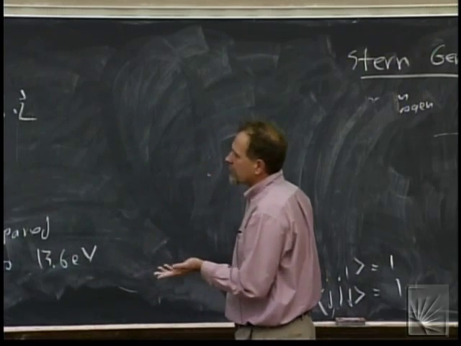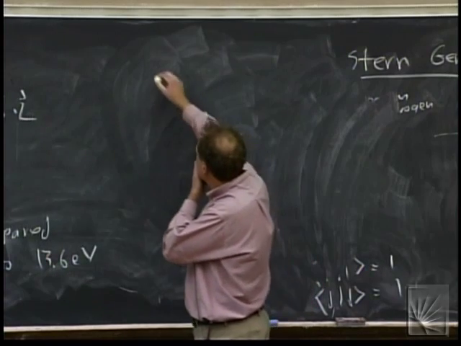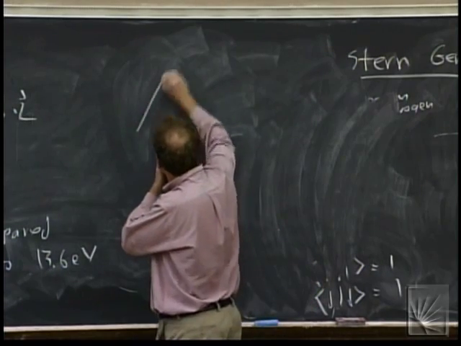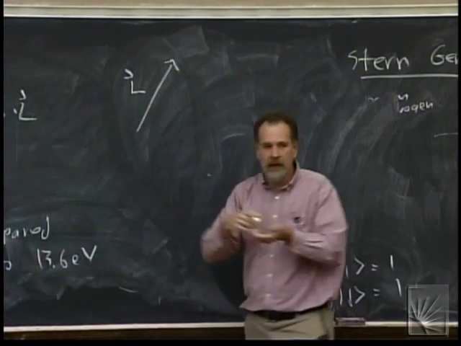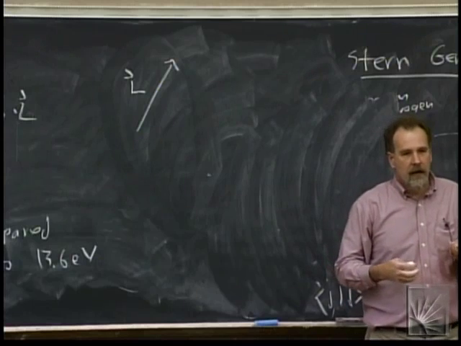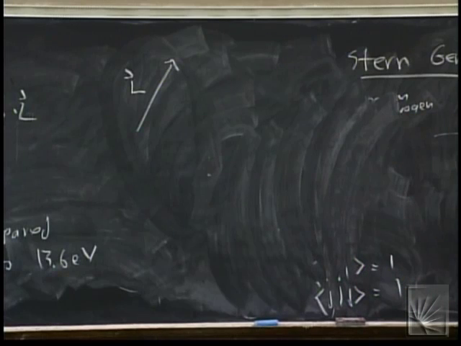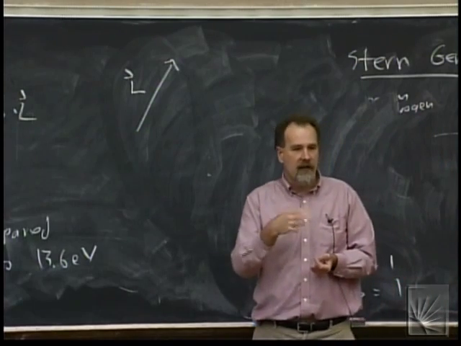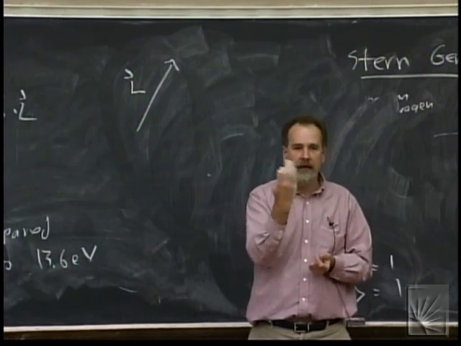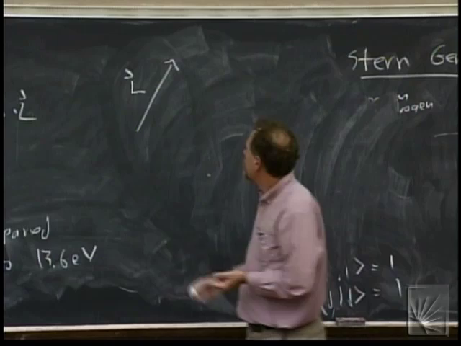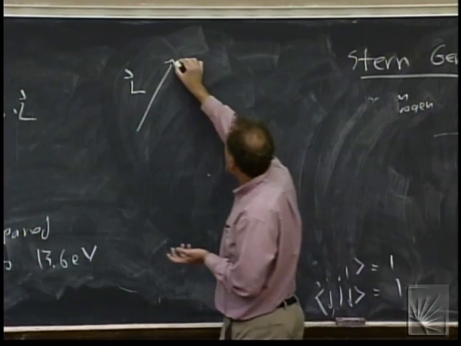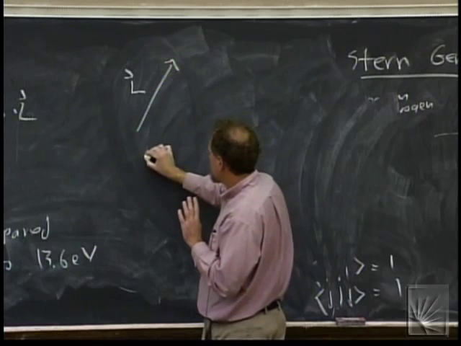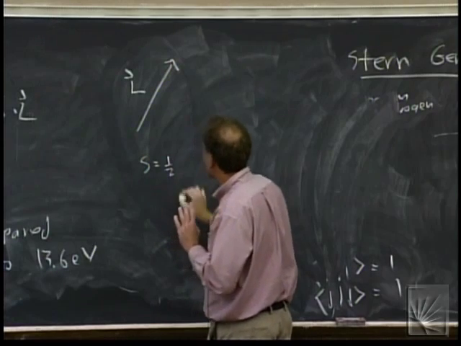I'll draw one picture. The basic idea is that if L and S interact, they create the mutual field for each other to define the axis for which there can be a specified component. So if L is like that, let's talk about S being 1/2, an electron.